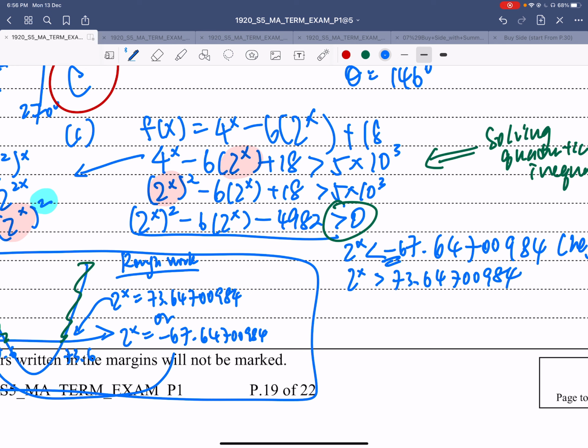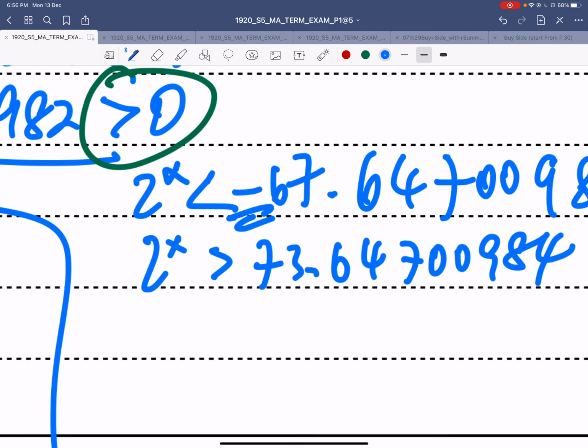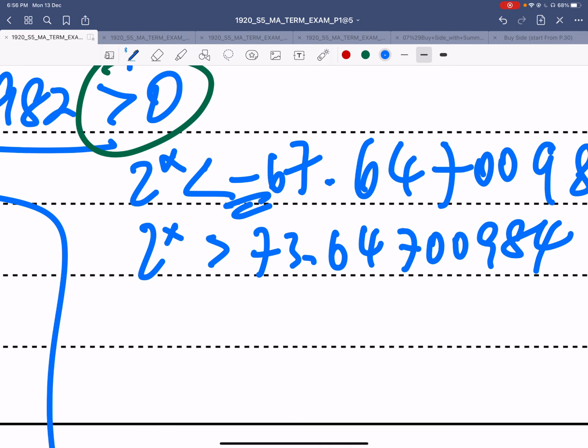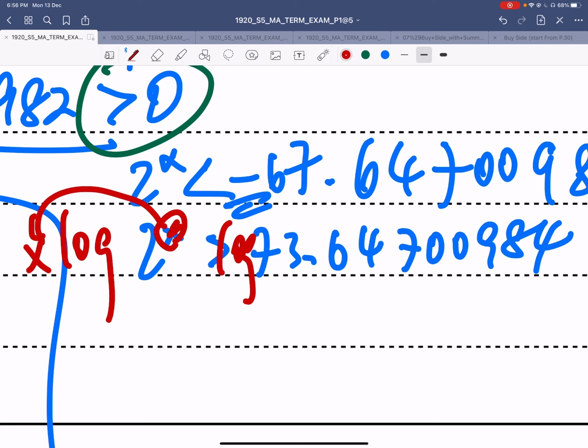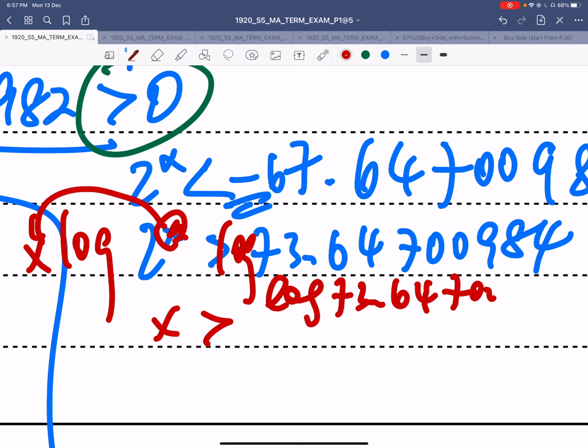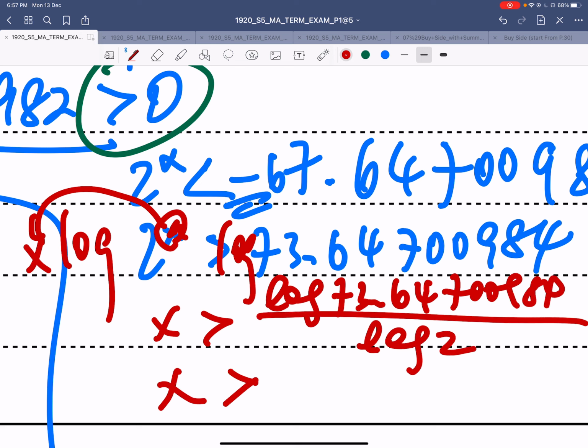All right, so how can you solve it? Basically, when you see index powers, you should take log. So you can move this x to here, x log 2. So x is larger than log 73.64700984 divided by log 2.